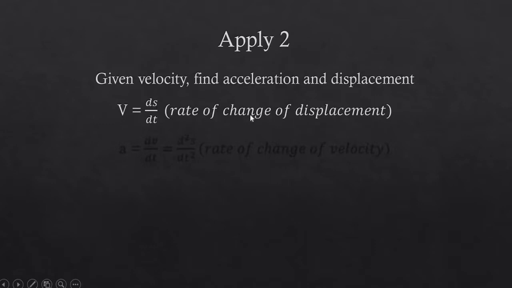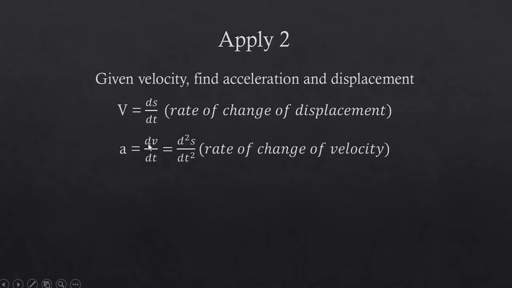Simply we say rate of change, because the change of displacement is ds and the change of time is dt. As we know the velocity, we can find the acceleration by differentiating v one more time in terms of dt, so a equals dv over dt. It's the rate of change of velocity, or we can say it's the displacement differentiated twice.